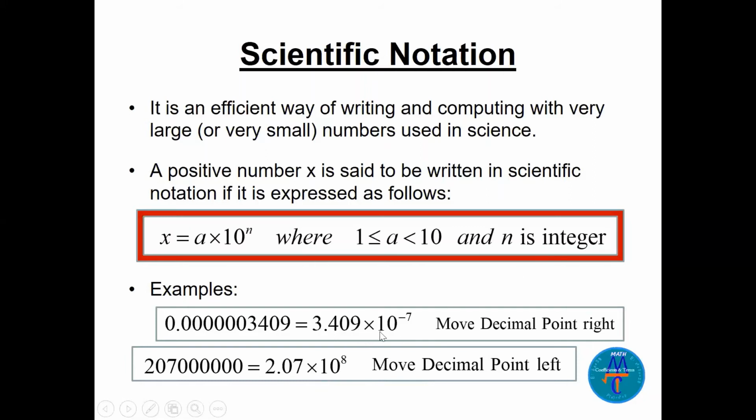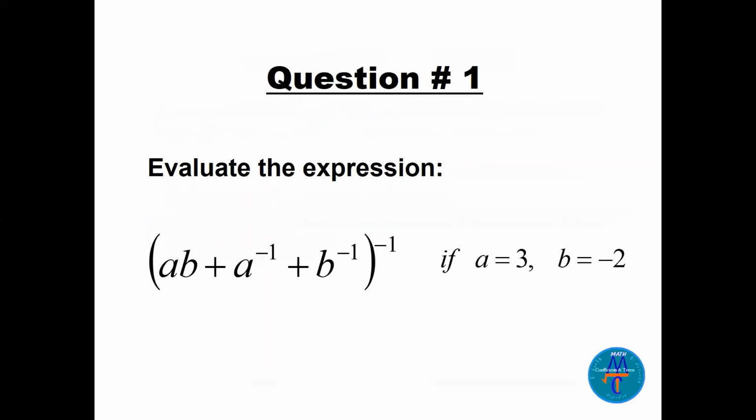You see, we have exponents here. That's why I put this title here, scientific notation, with the exponent, because we have exponents. And then I will show you one nice question after a few minutes, how to deal with multiplication and division of these numbers in scientific notation. Let's go to question 1, please.